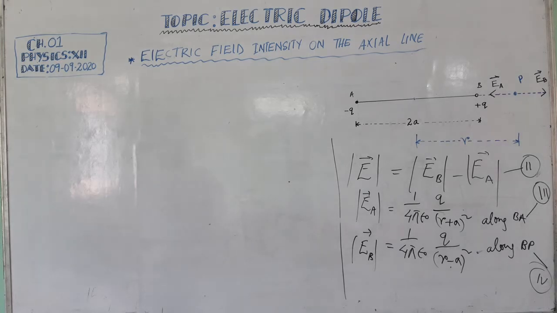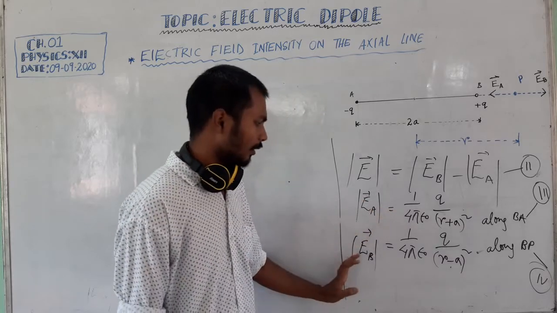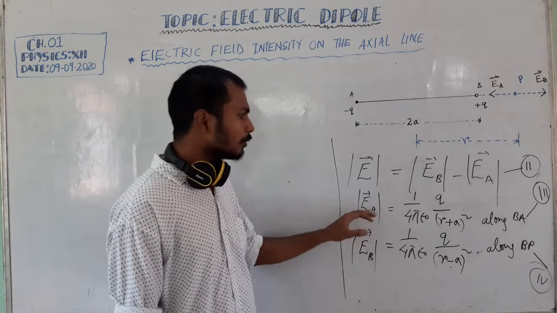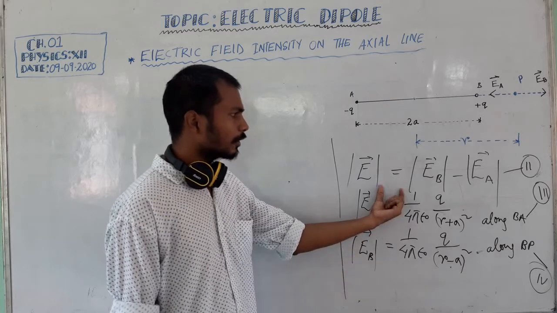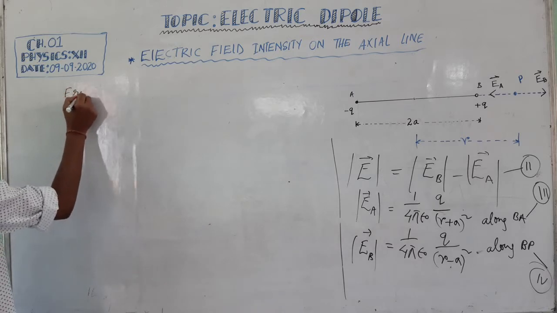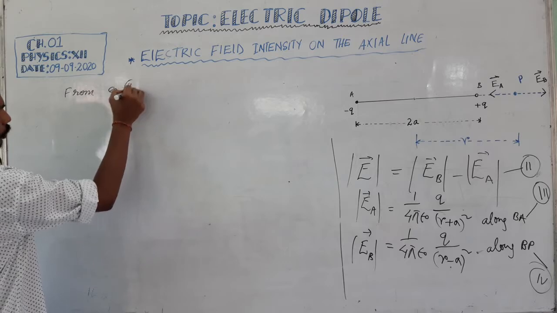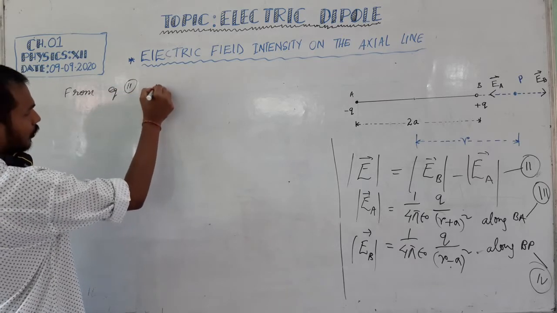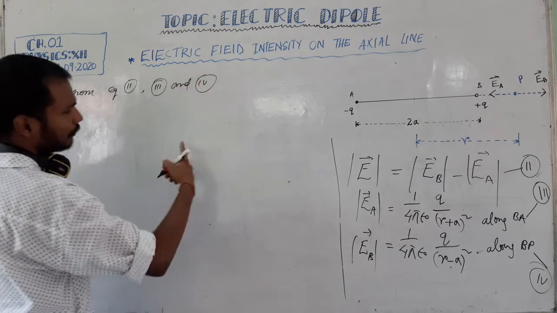Now we have EA and EB. Now use the values of EA and EB in equation 2, from equations 3 and 4. Now see the equation.